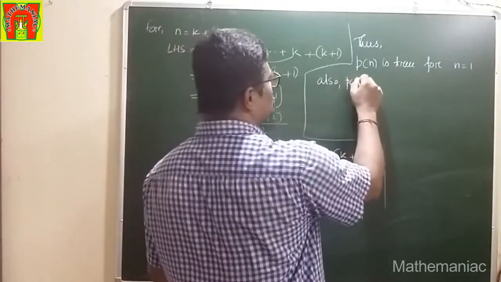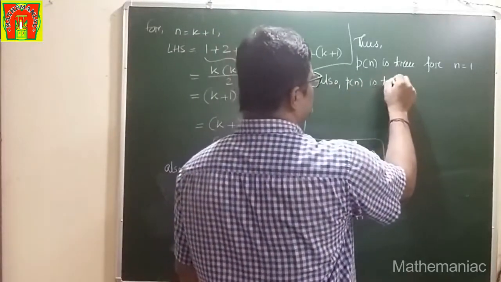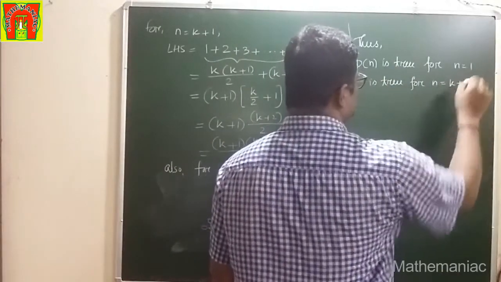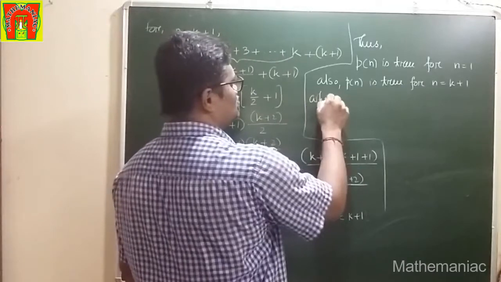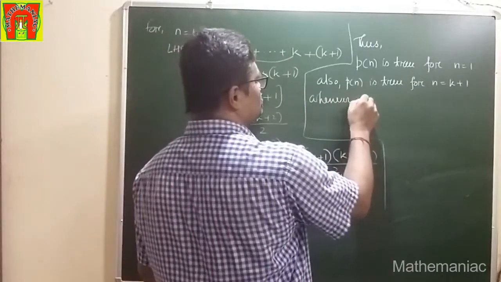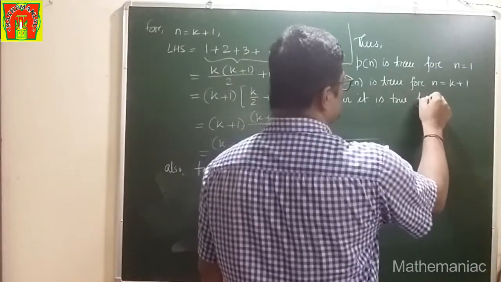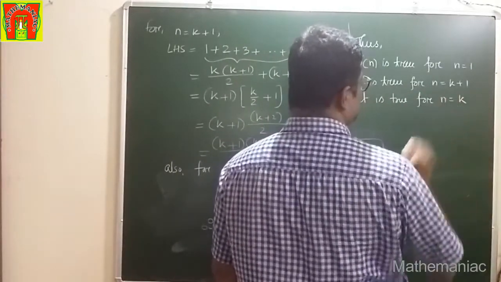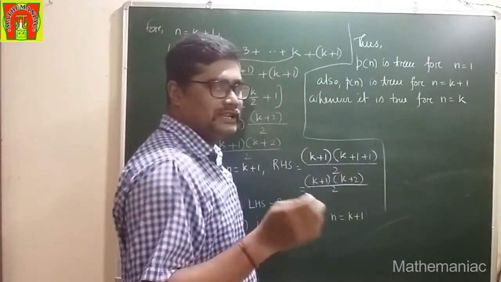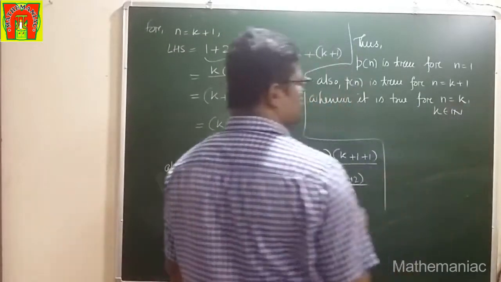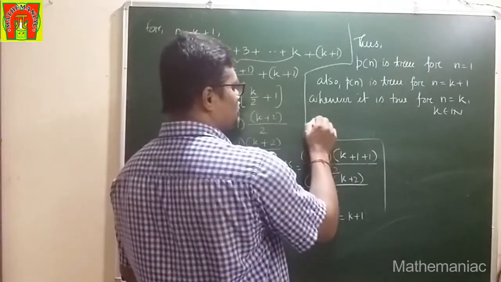Also, Pn is true for n equal to k plus 1 whenever it is true for n equal to k, where k is a positive integer or natural number.